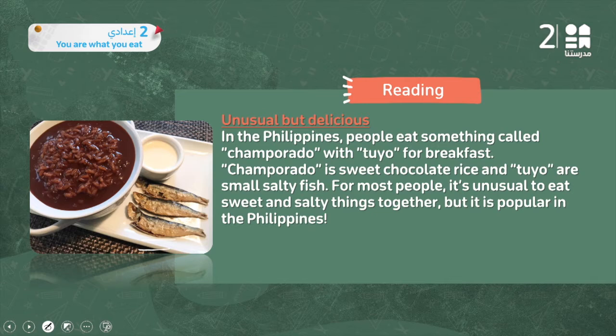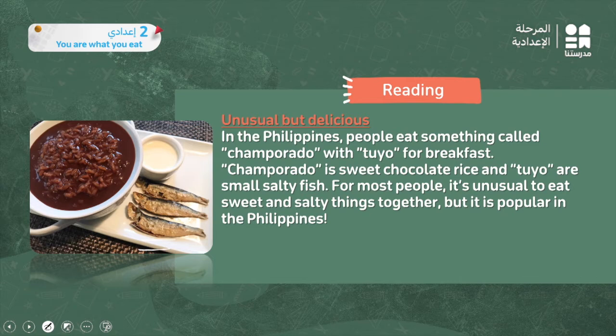In the Philippines, people eat something called champorado with toyo for breakfast. Champorado is the name of the meal in front of you now. Toyo is like the cornflakes you see in the chocolate. It's a meal of fish that they eat in the Philippines with something like chocolate cornflakes and milk. It's very common and unusual in this country.